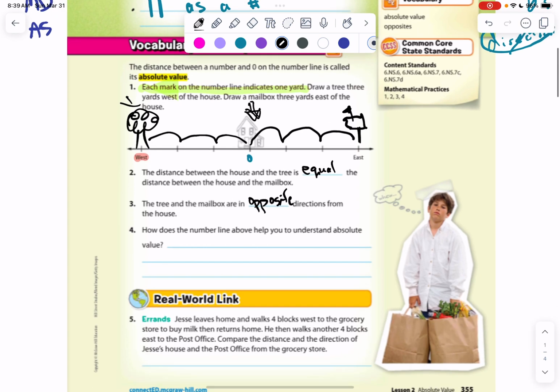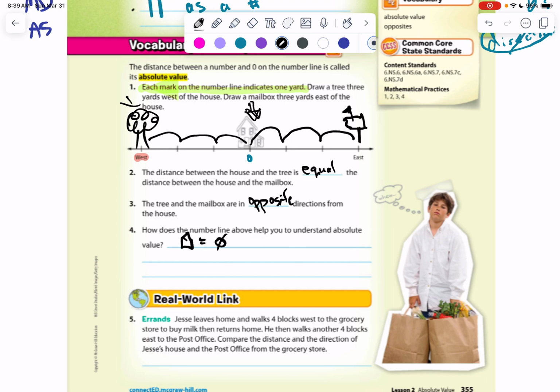So how does a number line above help us to understand absolute value? Well, for one thing, we can think of the house as at 0, right? The house is the same as 0 on a number line. And the tree and the mailbox are the same distance from the house, but in opposite directions.